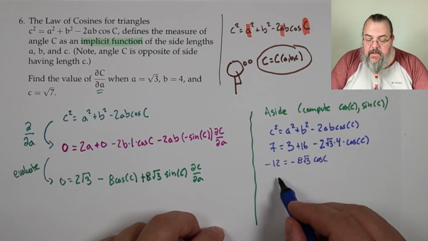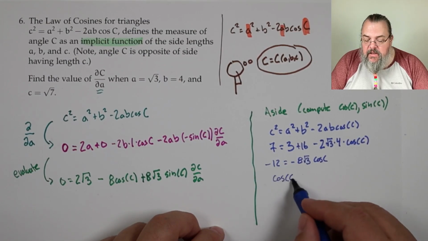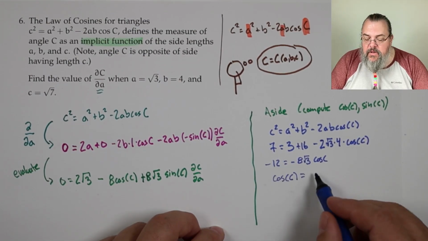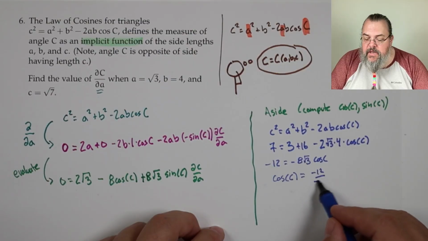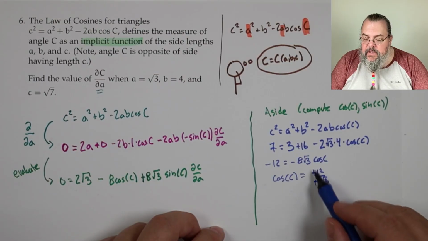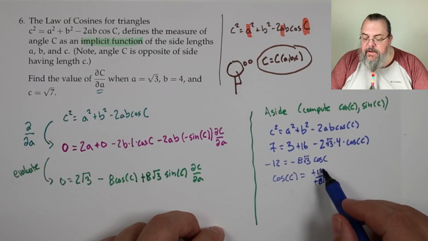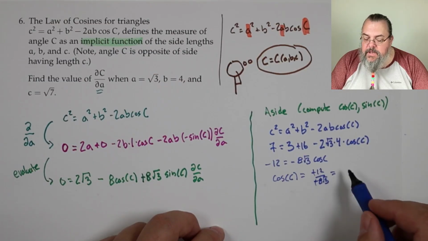So divide, that says cosine of C is equal to negative 12 over negative 8 square root of 3, and well, we can certainly cancel. 2 negatives make a positive. We have a factor of 4 we can cancel, right?